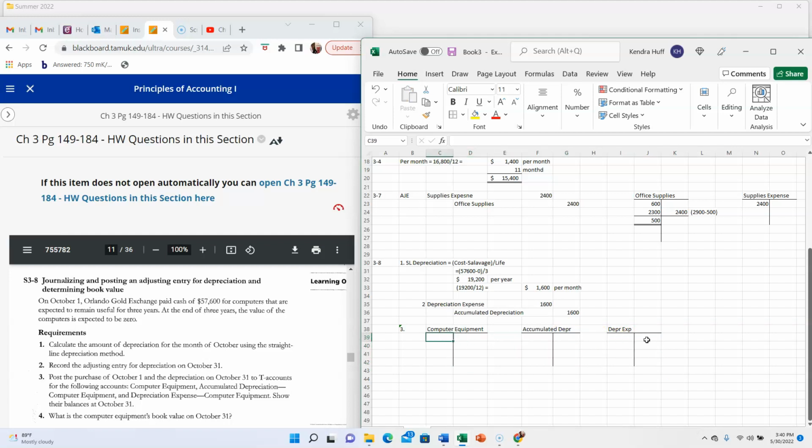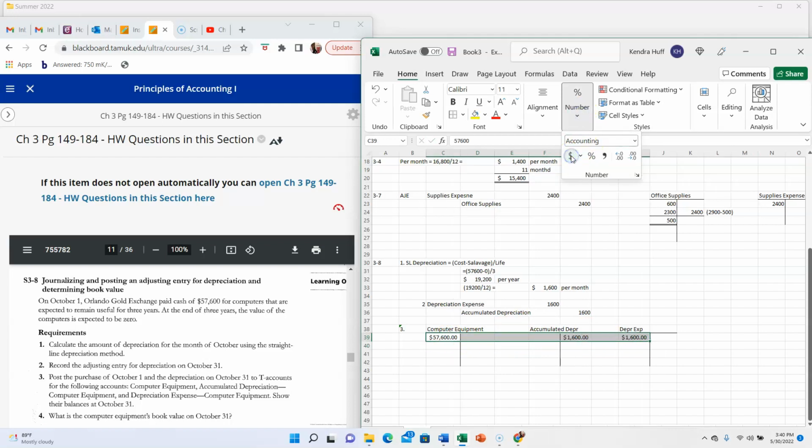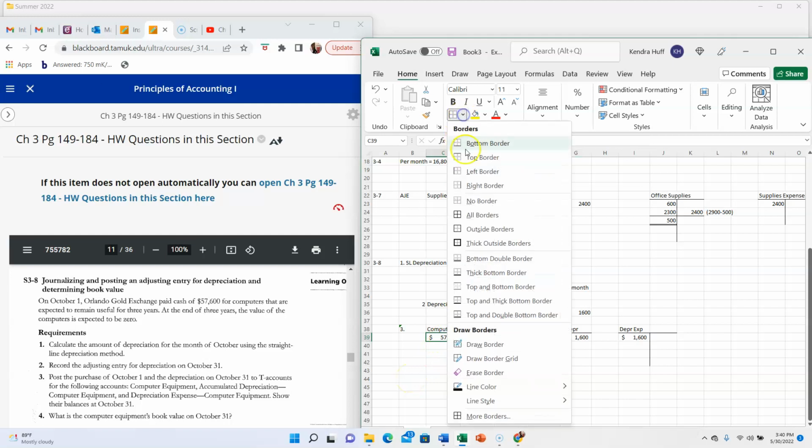So computer equipment was debited for 57,600. Accumulated depreciation was credited for 1,600, and depreciation expense for 1,600 was debited. That is called posting to the accounts. And that is also their balances, so you just draw a line under it, a double line.